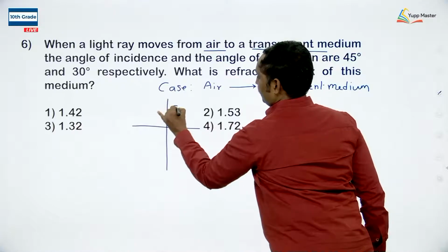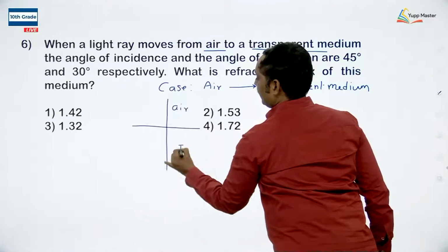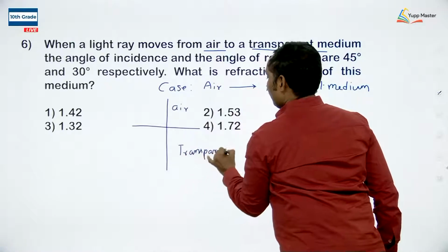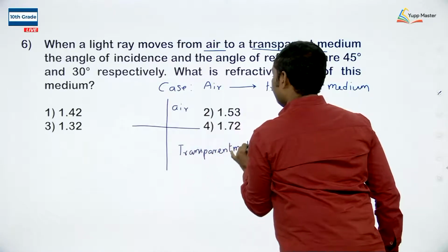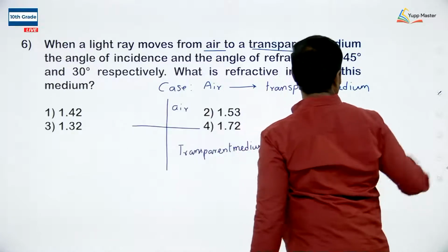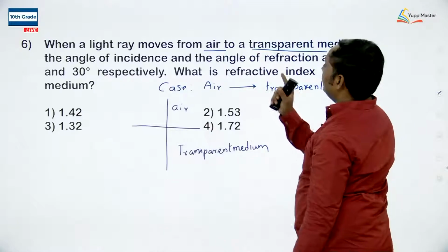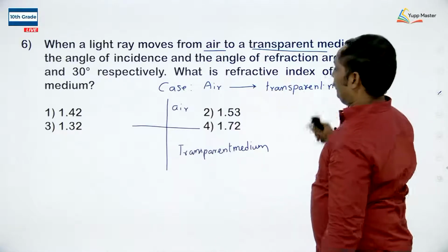You have to consider this is the air and this is the transparent medium. Now, it enters, and the angle of incidence is 45 degrees.